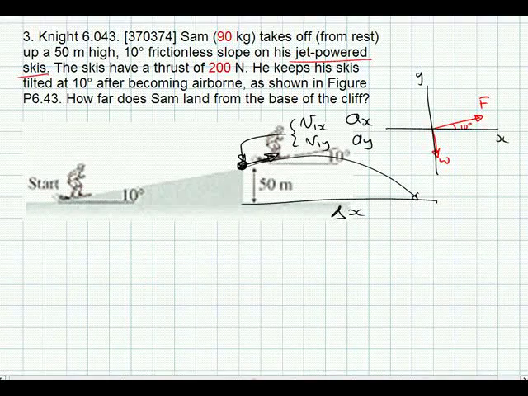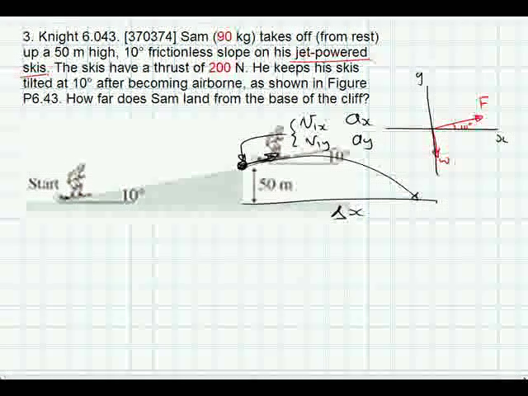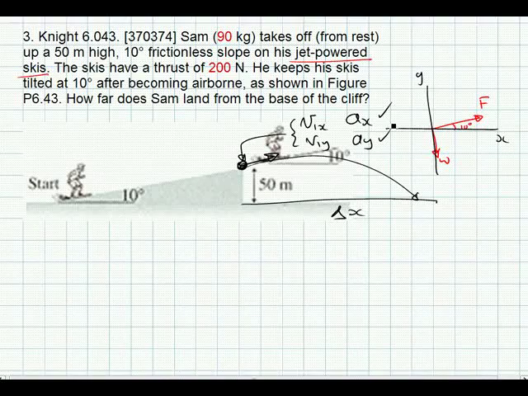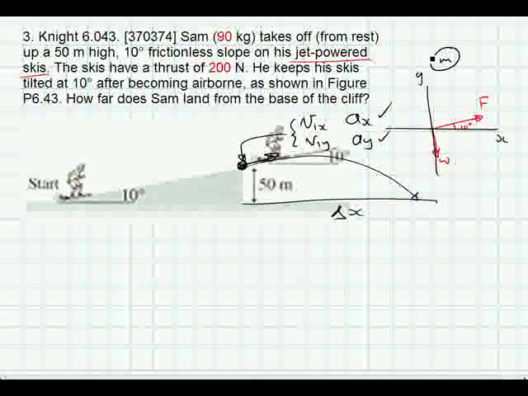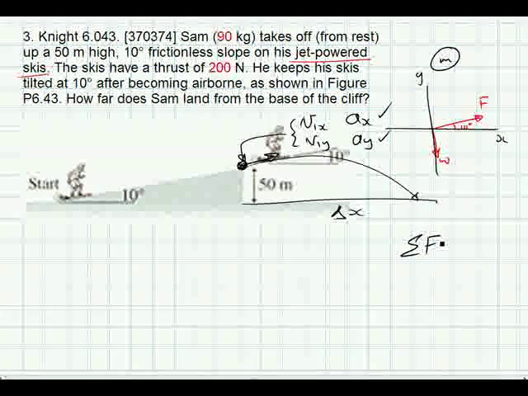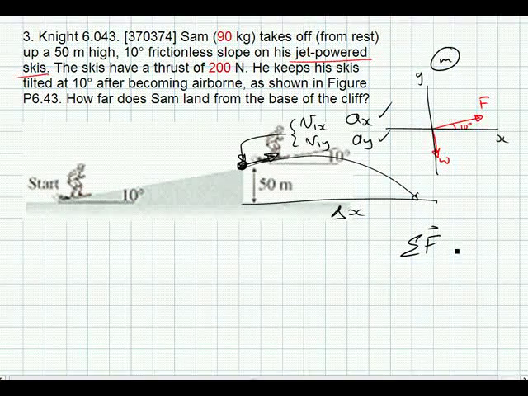So using this free body diagram, figure out what ax and ay are, because you are given Sam's mass, of course. So use Newton's equation: the sum of the forces in either the x or y direction is equal to mass times acceleration along either the x or y direction.